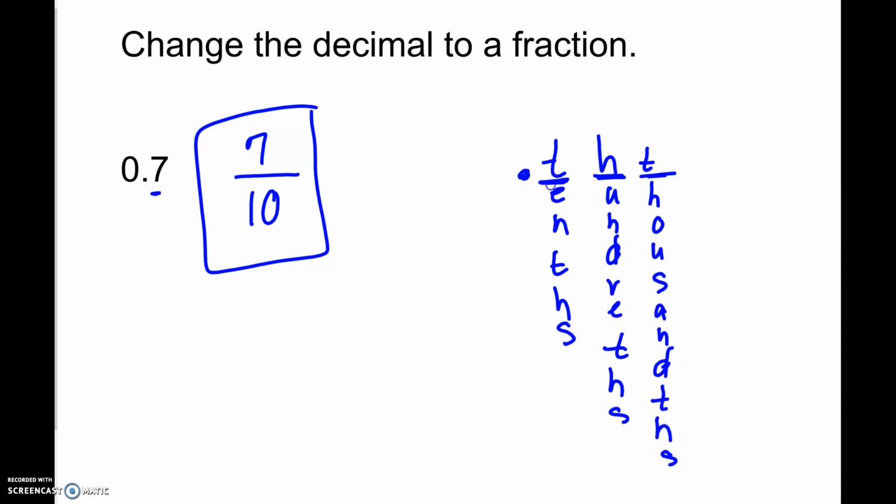So you notice as we get past the decimal, tenths is going to have 10, one place past the decimal. 100 is going to have two zeros, so that is two places past the decimal. And thousandths, when we're 1, 2, 3 places past the decimal, we are going to have 3 zeros.